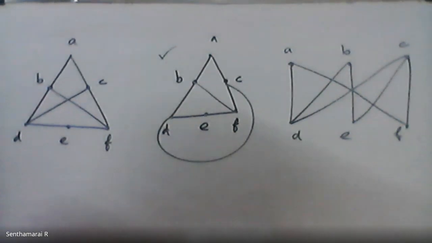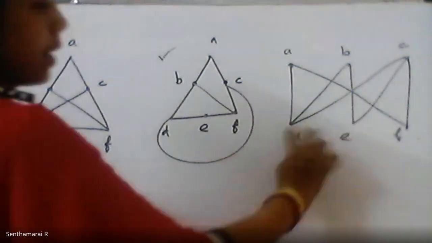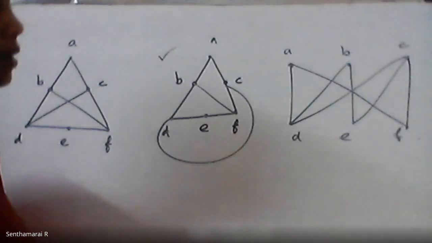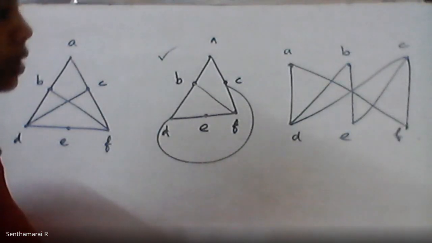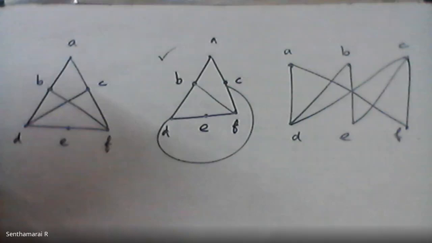Is it possible to draw it as planar? No, that is not possible, ma'am. Why is it not possible? Ma'am, one vertex will always stay. So if AF and DC, we cannot draw them without crossing of edges. That's why it's non-planar.